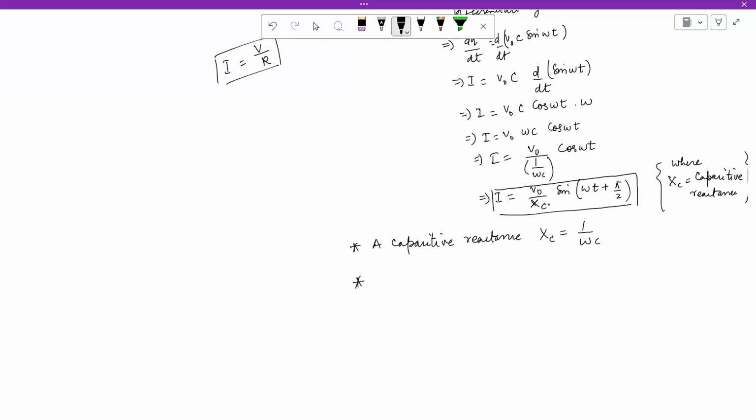I feel like it'll lead. Yeah. So you see that this is plus 90. So current is leading by pi by 2, right?